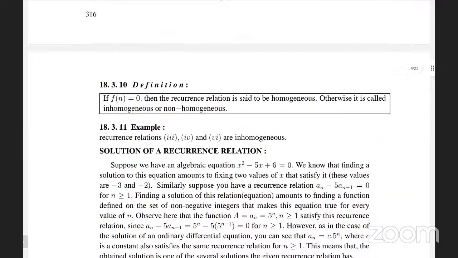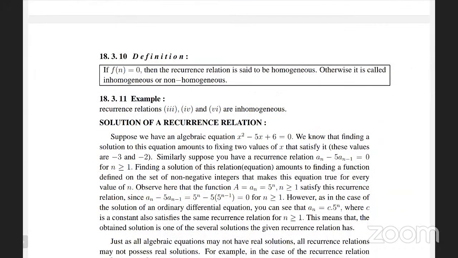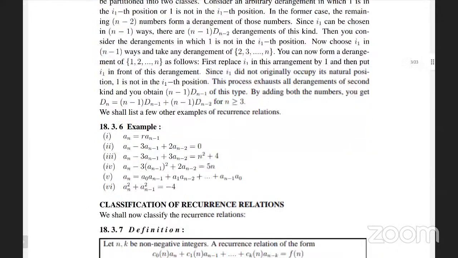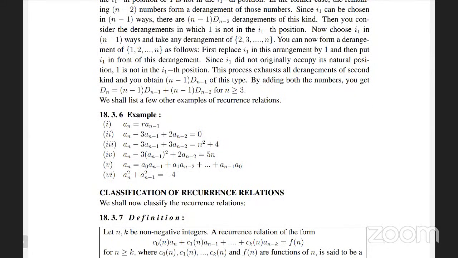Now coming to 18.3.10. This is another definition, for the homogeneous or non-homogeneous kind. If f of n equal to 0, the recurrence relation is said to be homogeneous. It means that in the examples, the right side term is 0. See here, in example 2 the right side is 0, so it is called a homogeneous recurrence relation.